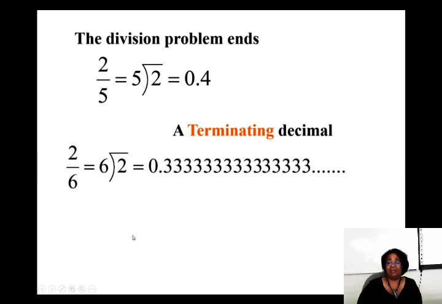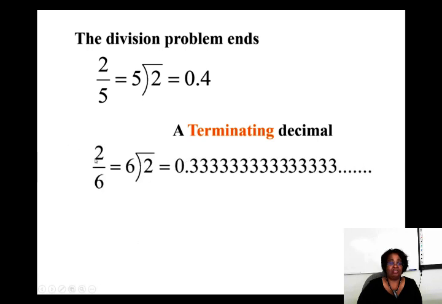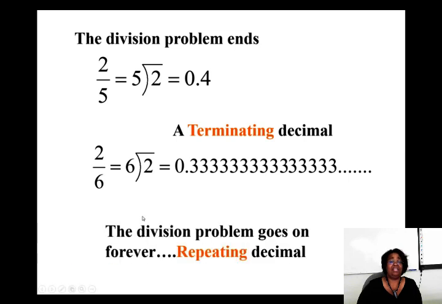Or I could get a problem like this, where I have 2/6. And when I divide 6 into 2 and I add my zeros and I start dividing, I keep getting 0.33333. All of those digits indicate that I have what's called a repeating decimal. It doesn't stop. So there's a couple of different ways I can handle that.